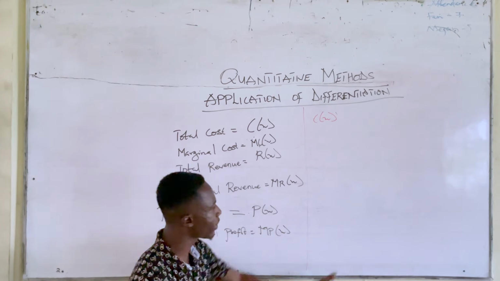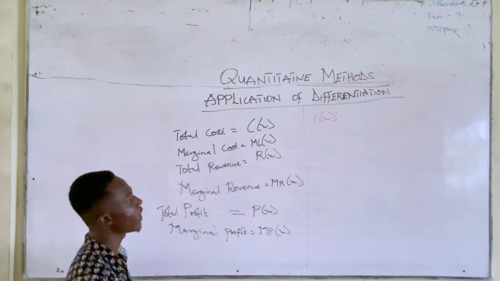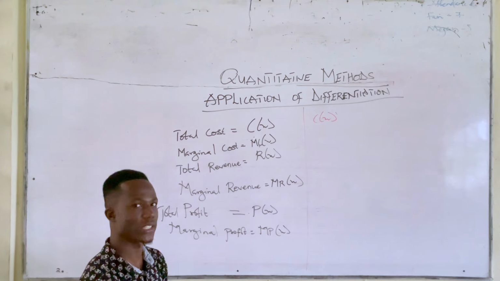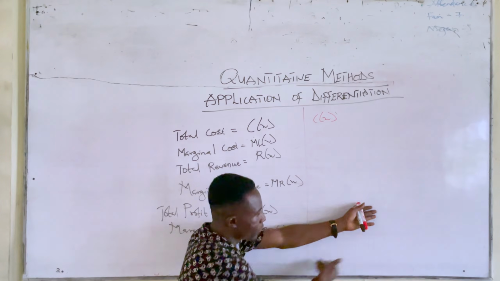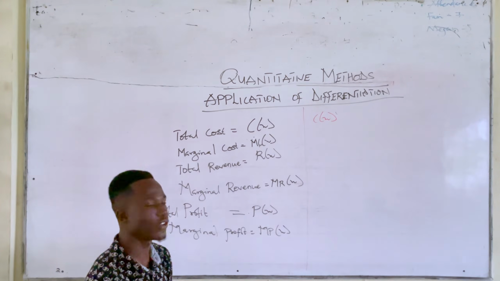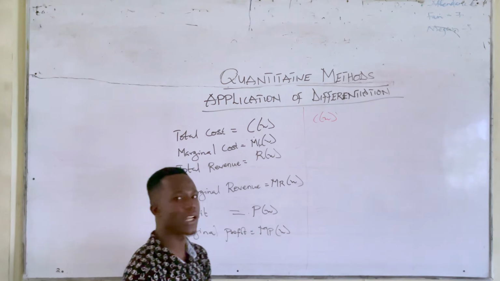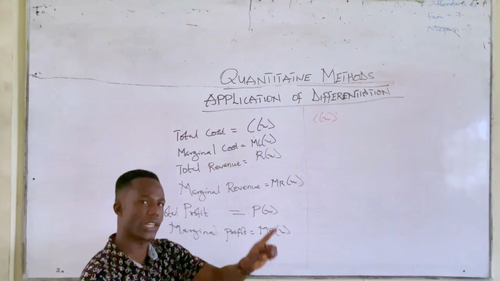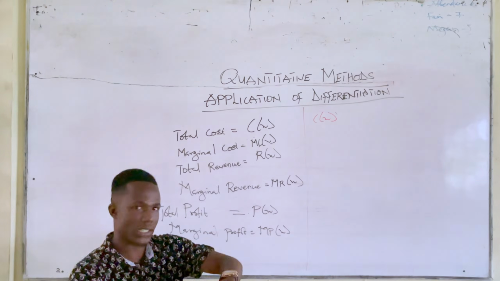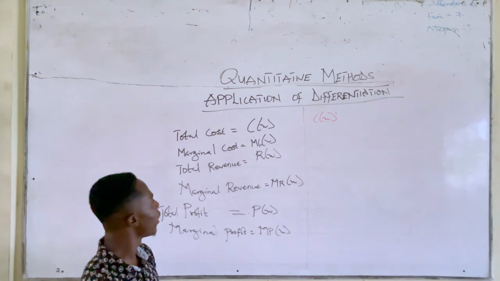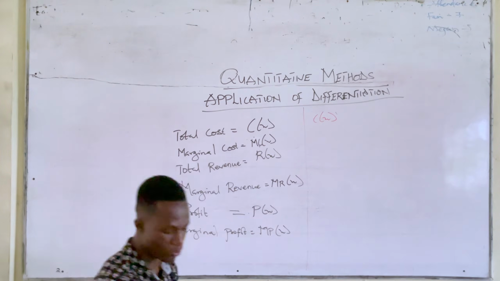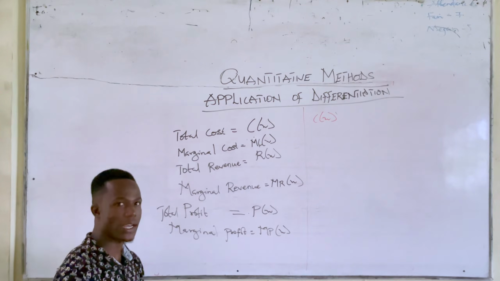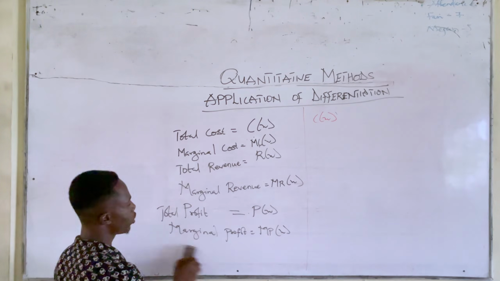After getting the point for x, you then proceed by differentiating again to the second differential, just like what we did. Then you test for the value of x. Any figure that you get would let you know whether the company or the organization is maximizing or minimizing. Do you understand? We will run through some small and very simple questions for you to understand it more under application of differentiation.